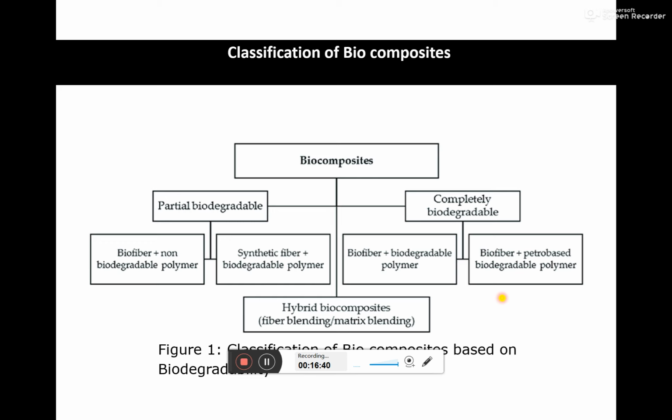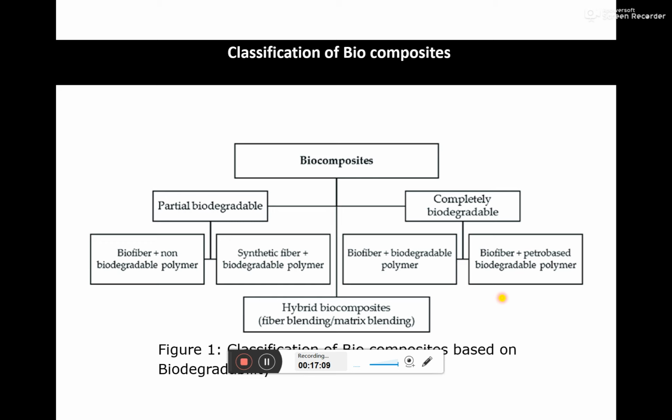Over that I add one layer of polymer, that is epoxy resin. Over that again banana fiber, again pineapple fiber, like that I am alternately placing the biofibers. Such things come under the hybrid biocomposites.